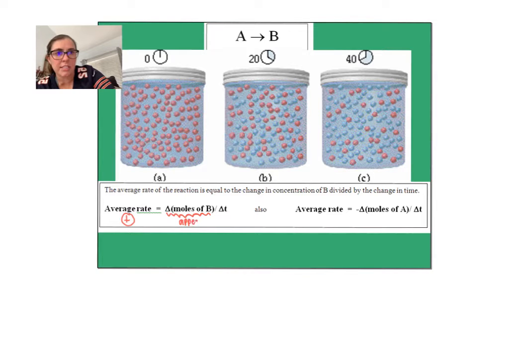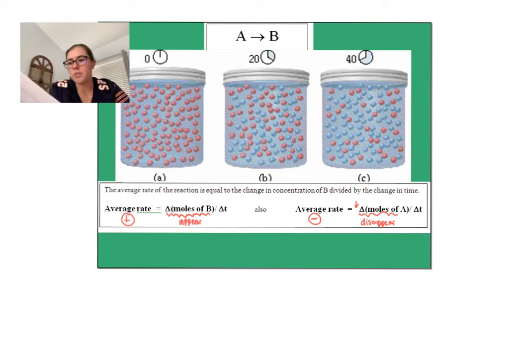We are making some B, and so we'll see the change in the amount of B divided by the change in time, or we could look at it from the perspective of A. So we would put a negative sign, and that's why this minus sign is right here, because A is disappearing, so we can see the change in A divided by the change in time, and that would be a negative average rate because it's disappearing.